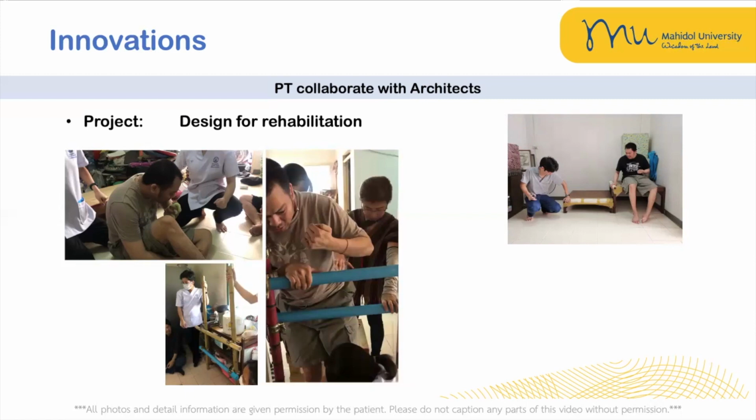And then after a month of training to go up and down on the 12-inch stool, we developed the tools, as you see, to enhance his skill in his daily living, to sit at the appropriate level, not only on the floor. We designed the level of this, like the stool, the double level of the stool.